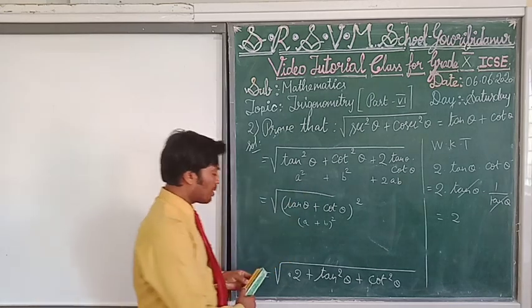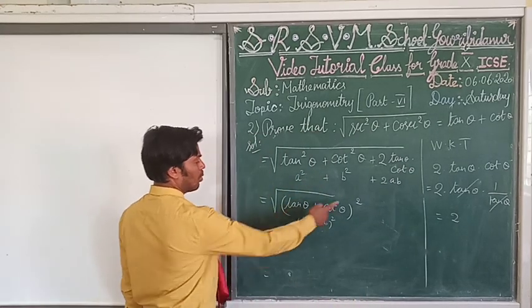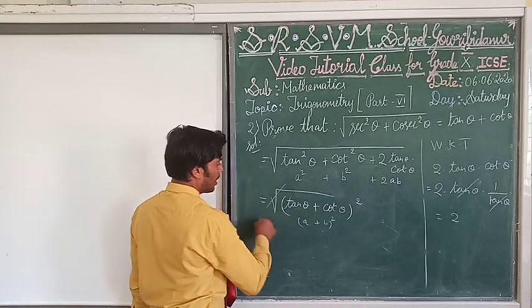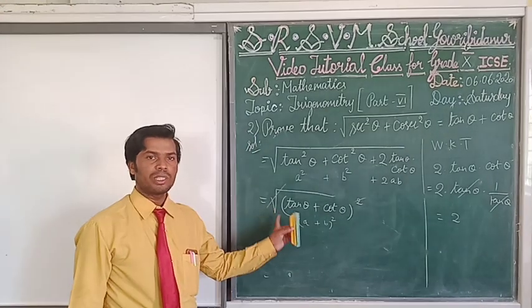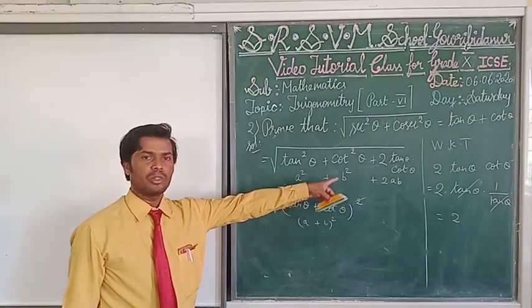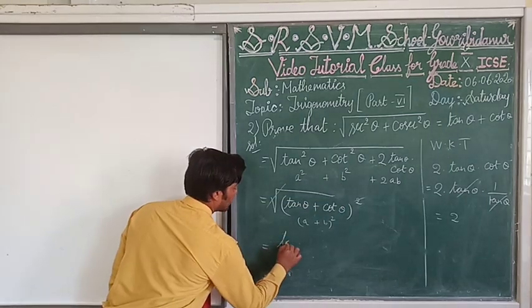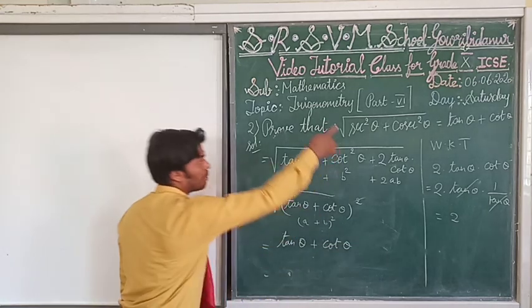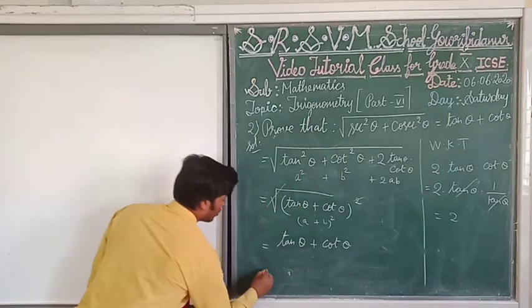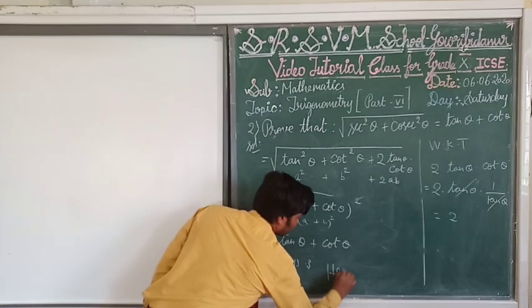So finally the whole square came, and the square root and the square cancel, because this is 1 by 2, that is again 1 by 2, 2 into 1 by 2, the 2s cancel. So finally we will get tan theta plus cot theta, that is nothing but RHS. So LHS equal to RHS, hence proved.